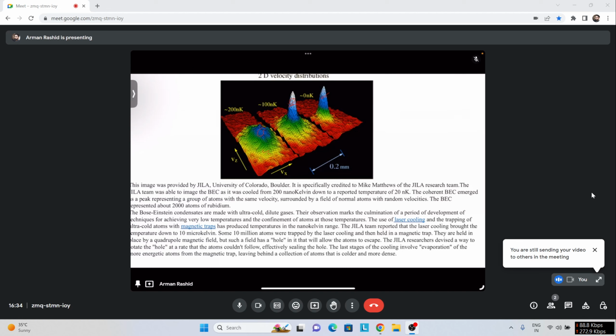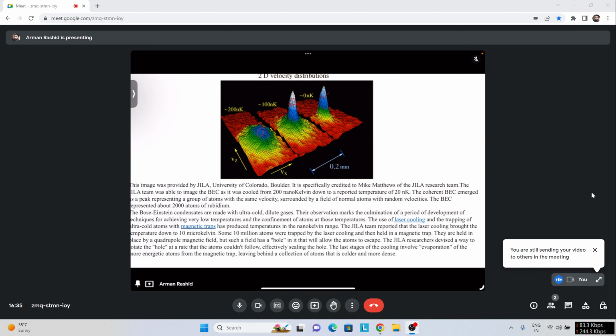Their observation marked the culmination of a period of development of techniques for achieving very low temperatures and the confinement of atoms at those temperatures. The use of laser cooling and the trapping of ultra cold atoms has reduced temperatures to the nanokelvin range. The JILA team reported that laser cooling brought the temperature down to 10 microkelvin. Some 10 million atoms were trapped by the laser cooling and held in a magnetic trap.